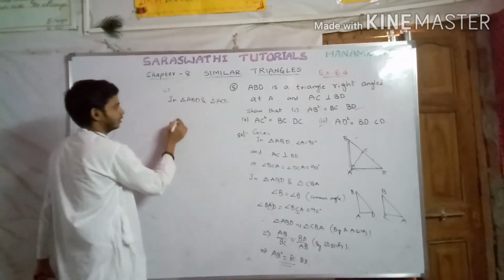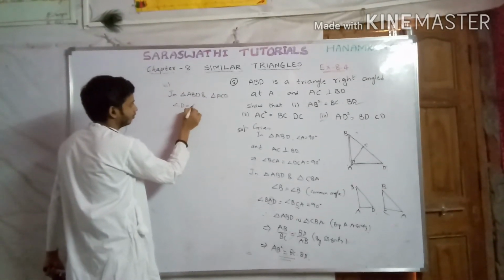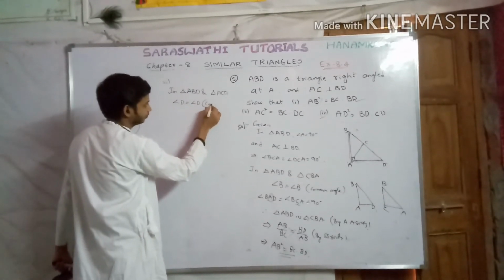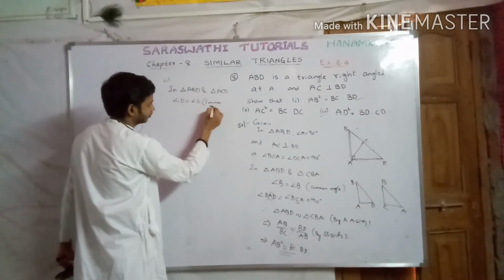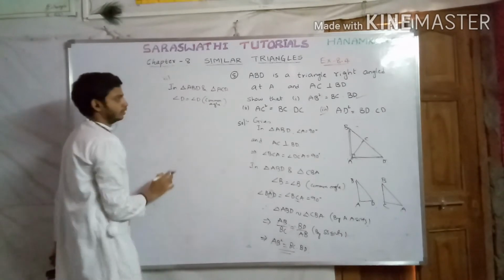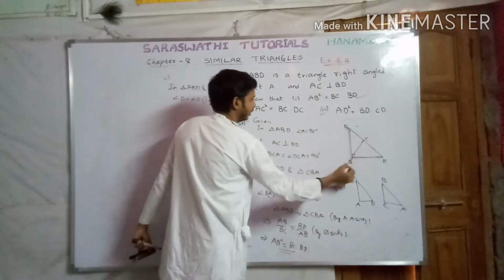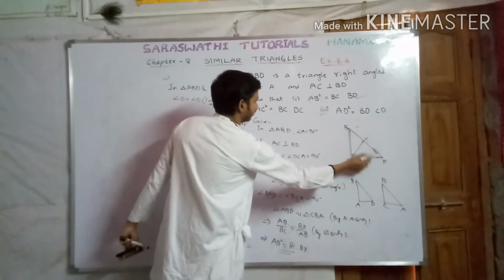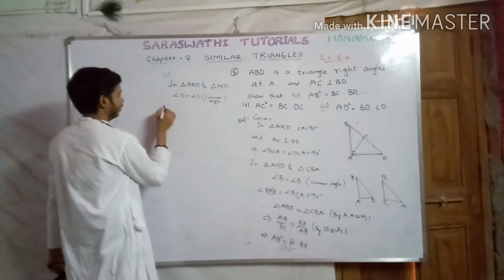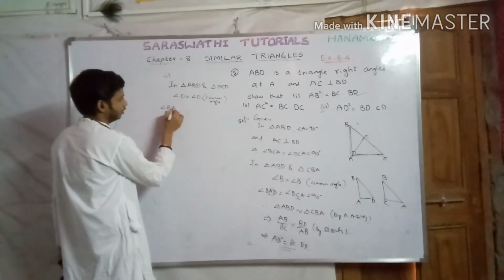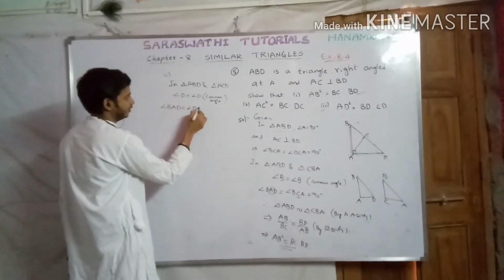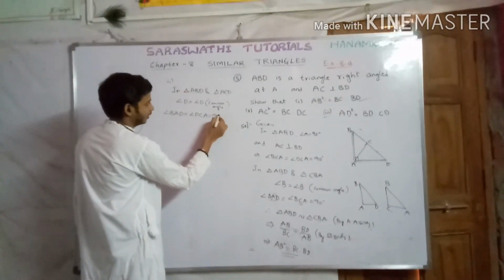In both the triangles, angle D is common. Angle D equal to angle D, common angle. And angle BAD equal to angle DCA equal to 90 degrees.